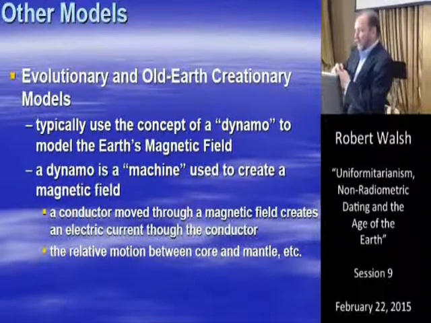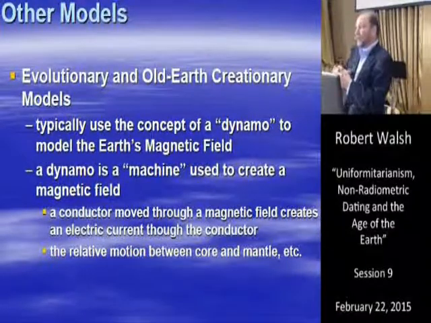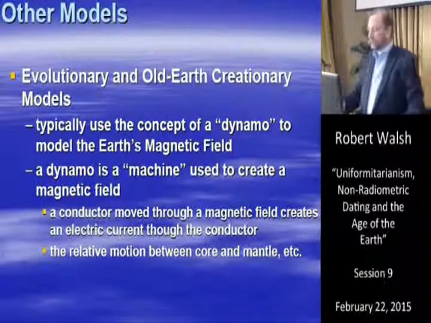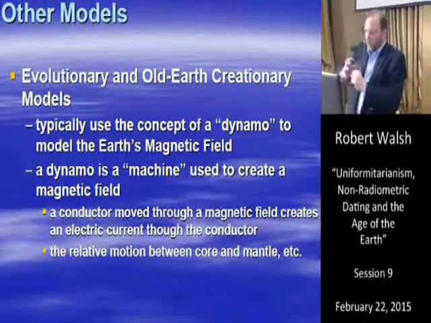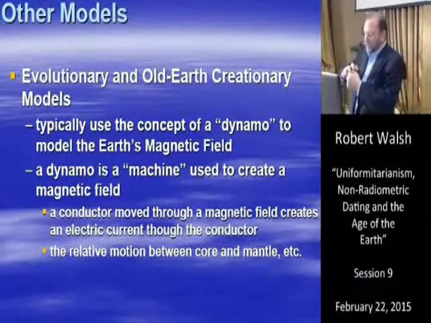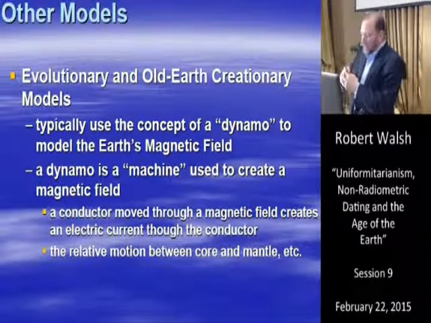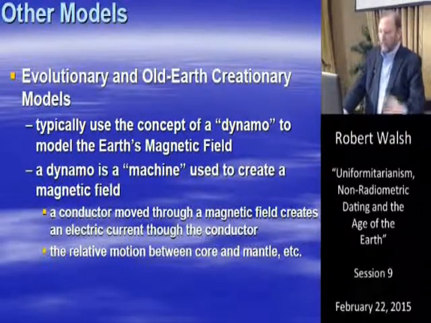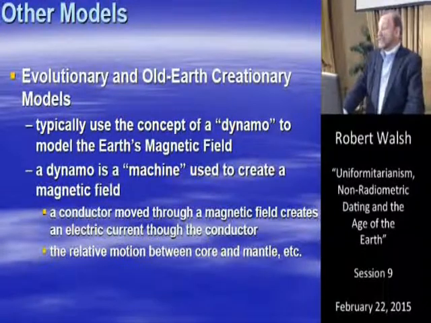So one's rotating faster than the other, and because of that difference, you generate a magnetic field. So what you have is this rotation between the core and mantle that's causing this magnetic field to occur. So a dynamo is essentially a machine that creates a magnetic field.